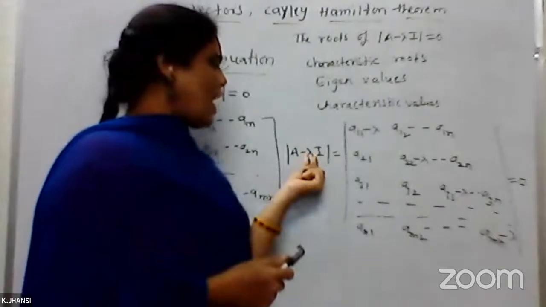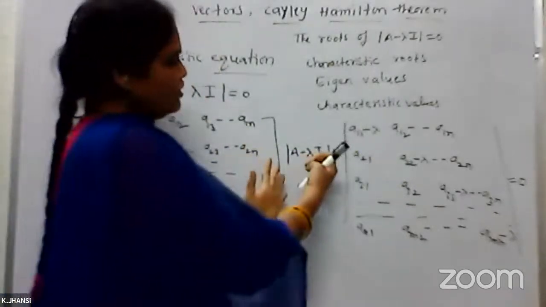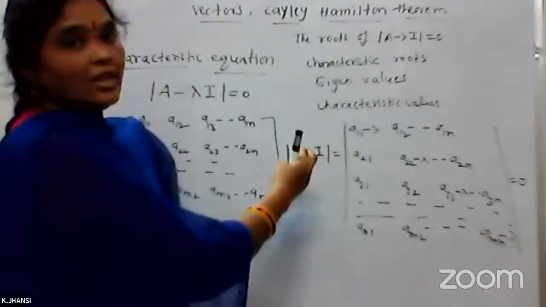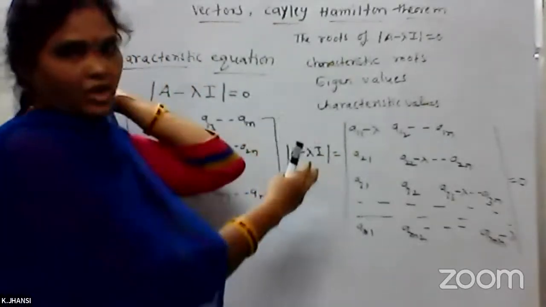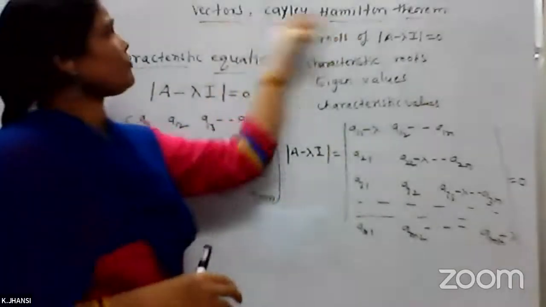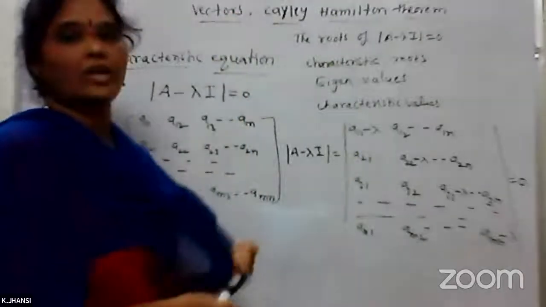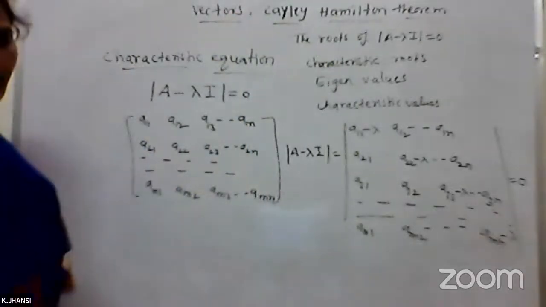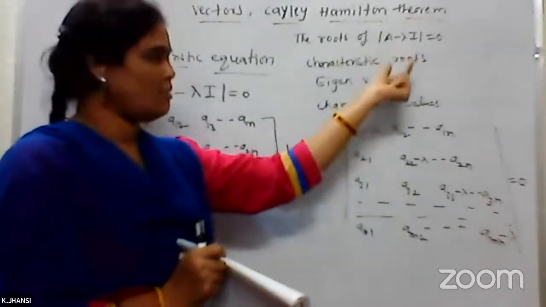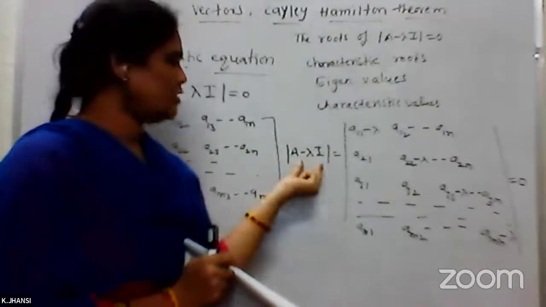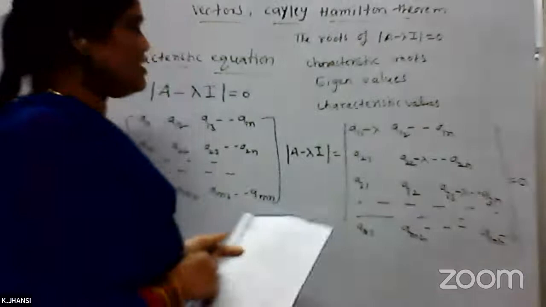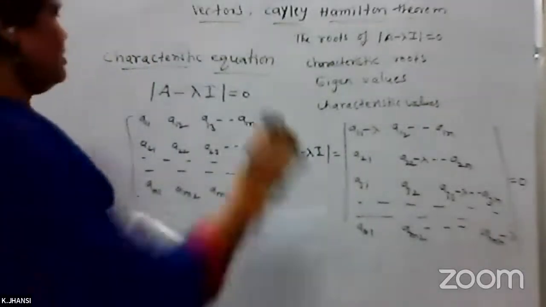Whatever the lambda values are, if you substitute those lambda values in the characteristic equation, you will get some other solutions. Those are called characteristic vectors or eigenvectors.